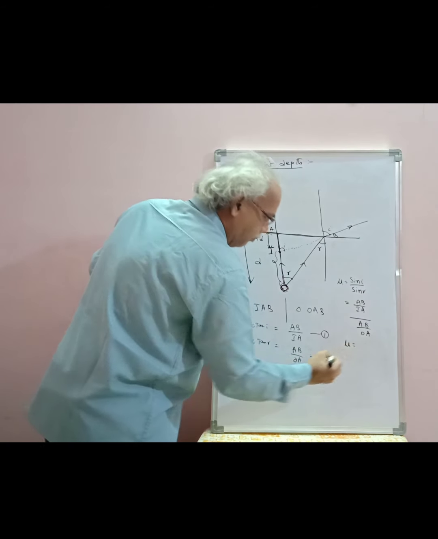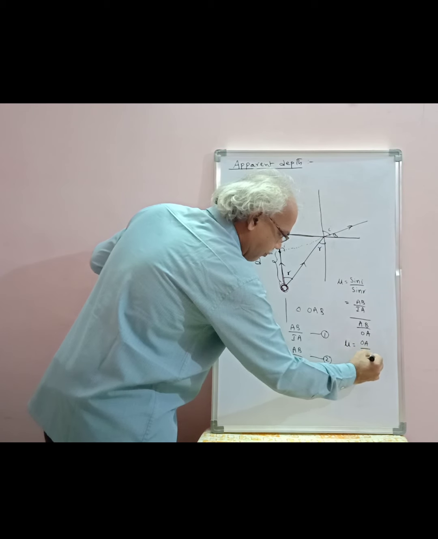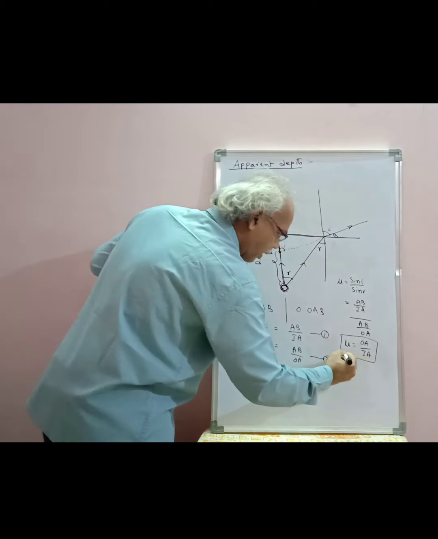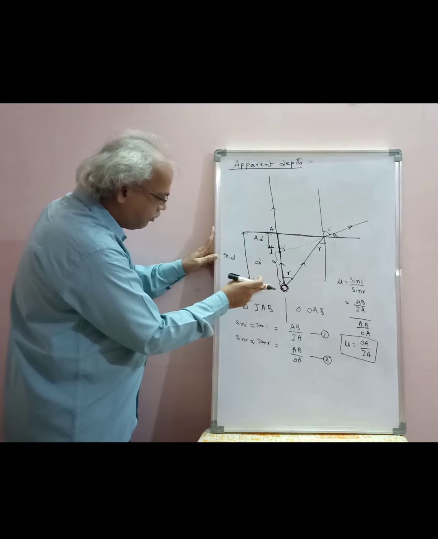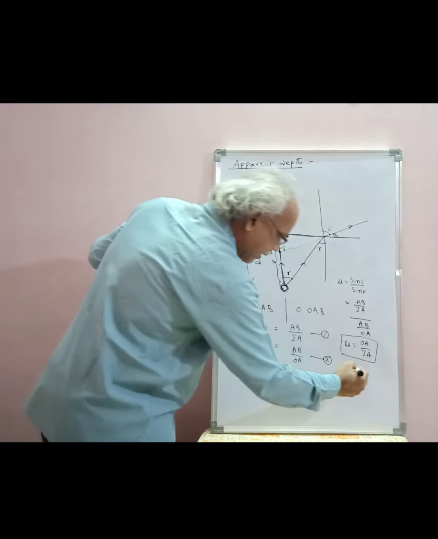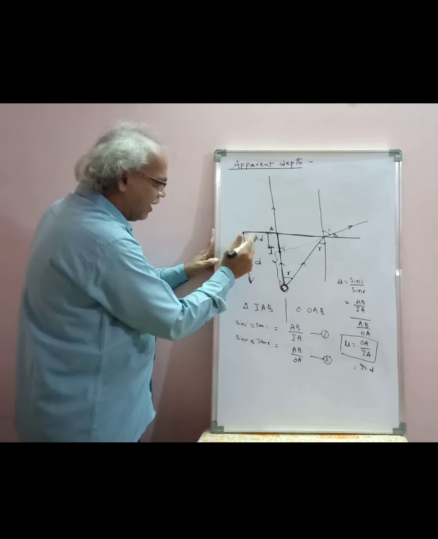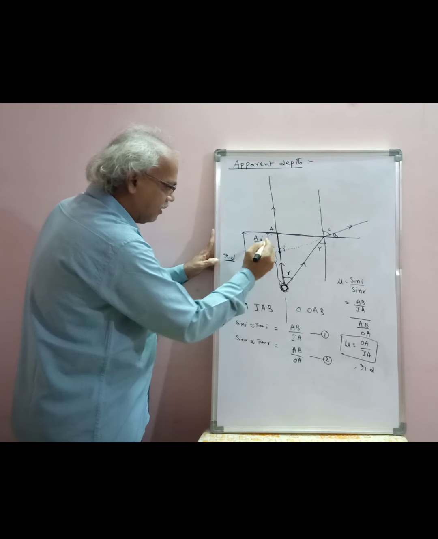So therefore mu is equal to OA by IA. What is OA? Already we know that. OA is nothing but the real depth, and IA is nothing but the apparent depth.